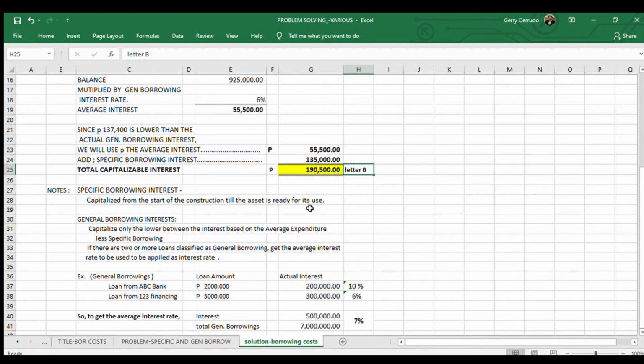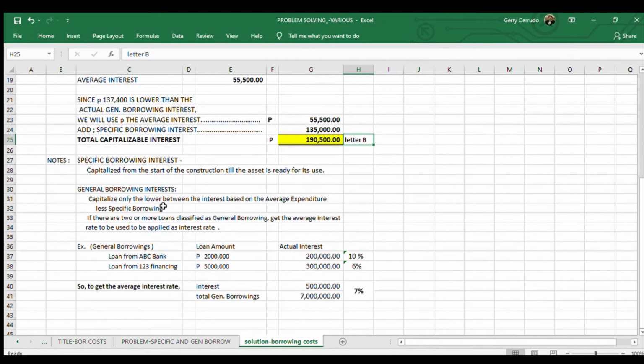Ang interest niyan definitely will go to the or will be part of the carrying cost of the asset. But in the case of general borrowing, kung ano raw ang allowed or prescribed ng IAS 23, yun lang ang iyong pwedeng capitalize.